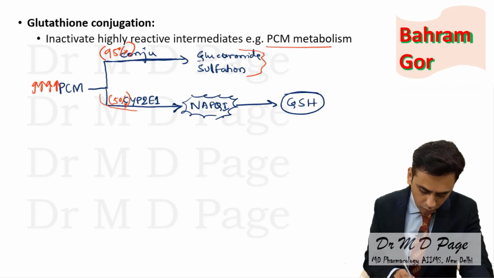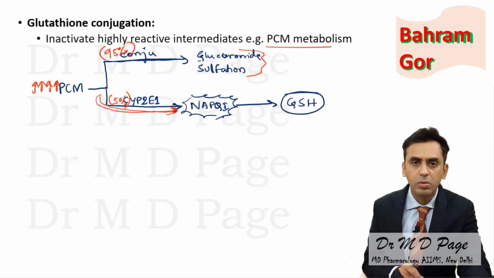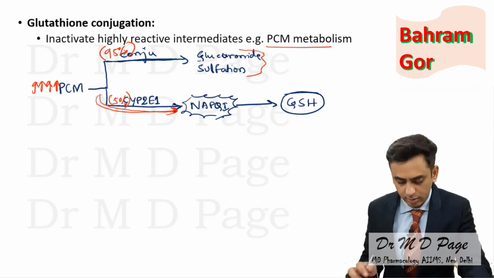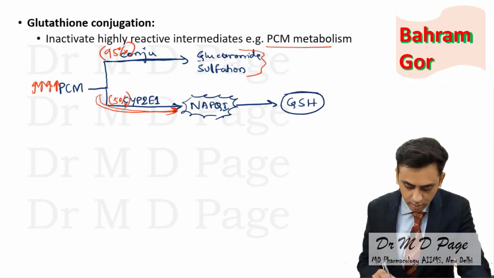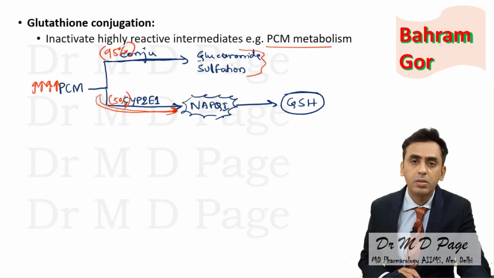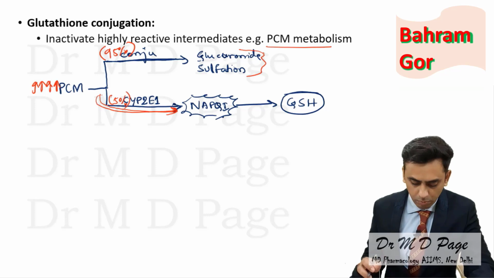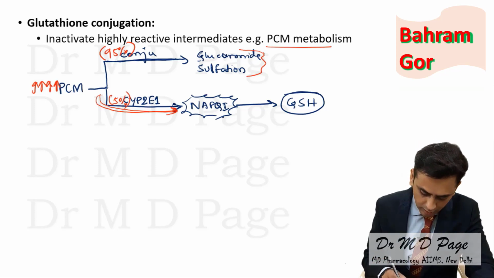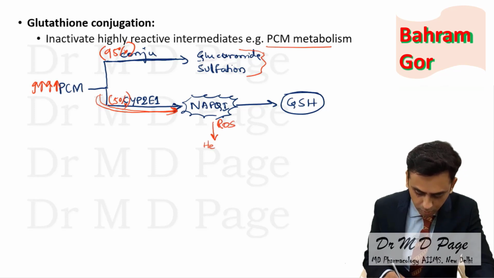More of the drug will be metabolized by CYP2E1, and the pathway will be diverted to more NAPQI production. But still GSH is there to metabolize this NAPQI. But with time, this GSH is also depleted, hence NAPQI will accumulate. This NAPQI is a reactive species which will cause hepatocyte damage or hepatic injury.